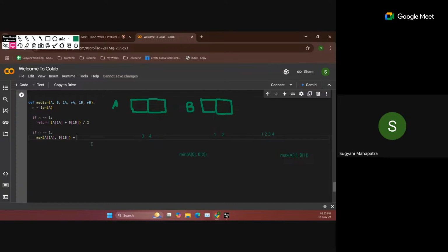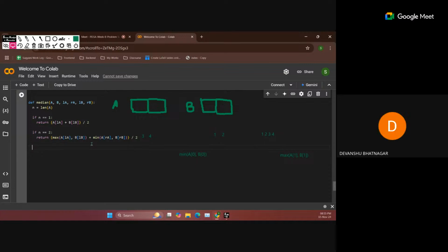And what else is remaining? The minimum of the other half, A of right and B of right. So the median will be basically the average of these two. Do you agree? Yes. So the average of these two elements, we can just return this. This is clear? Yeah, ma'am.